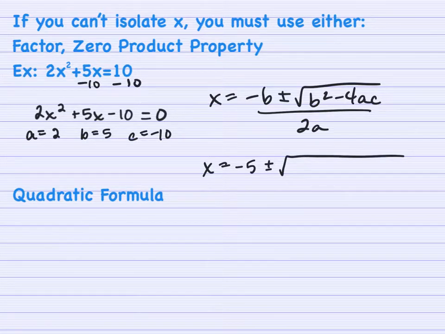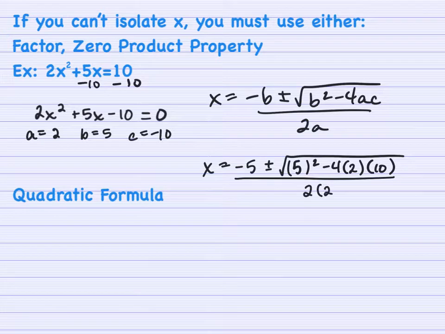That negative, by the way, right there is from the formula. B is positive, so it needs to stay there. So I've got 5 squared minus 4 times 2 times negative 10, all divided by 2 times 2. So x equals negative 5 plus or minus.